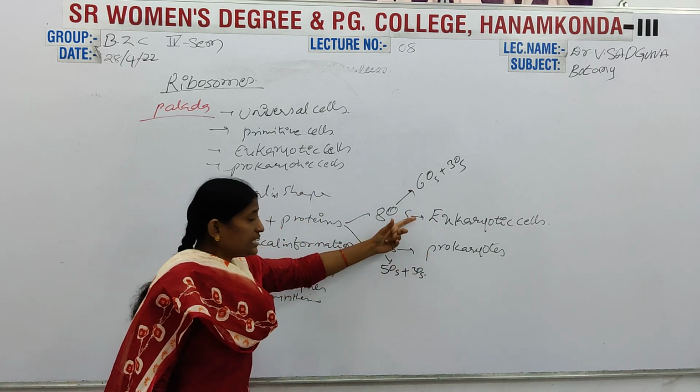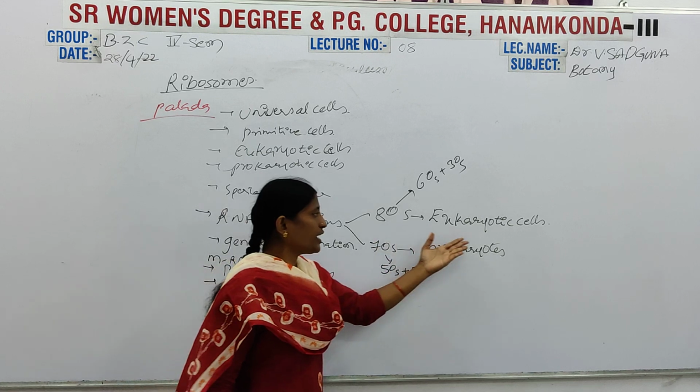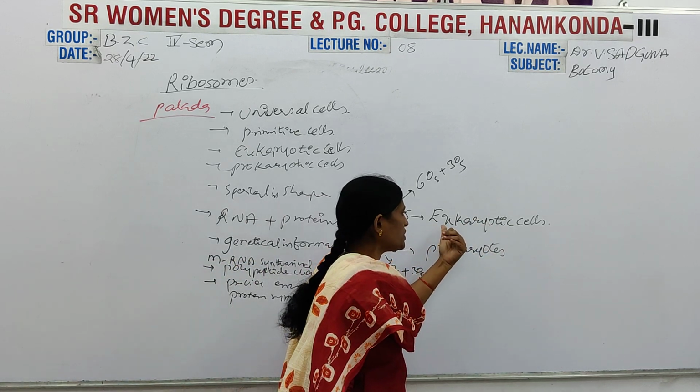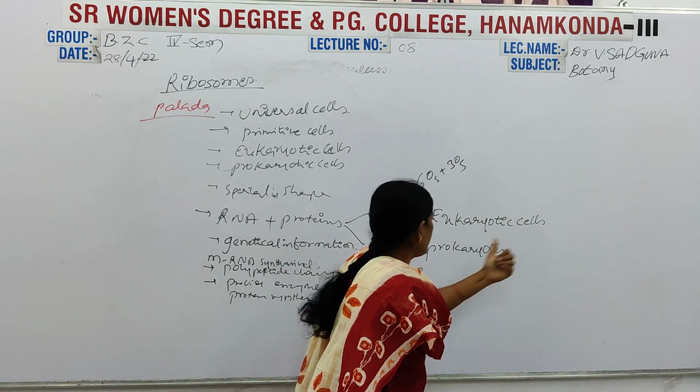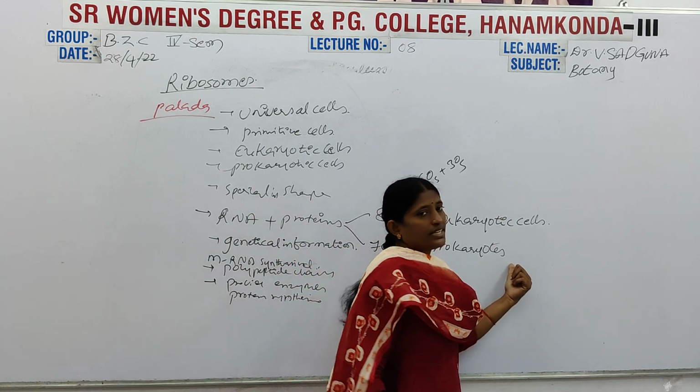These two variations occur in two different types of cells. 80S ribosomes are present in eukaryotic cells, and 70S ribosomes are present in prokaryotic cells.